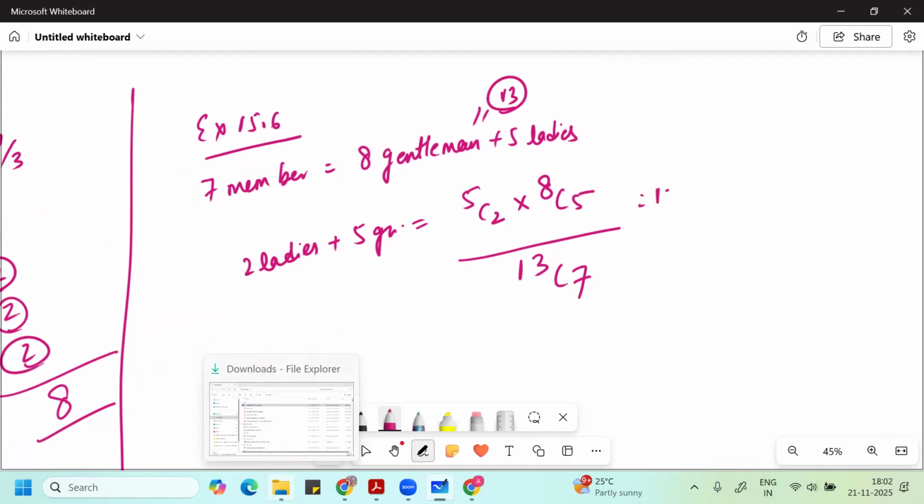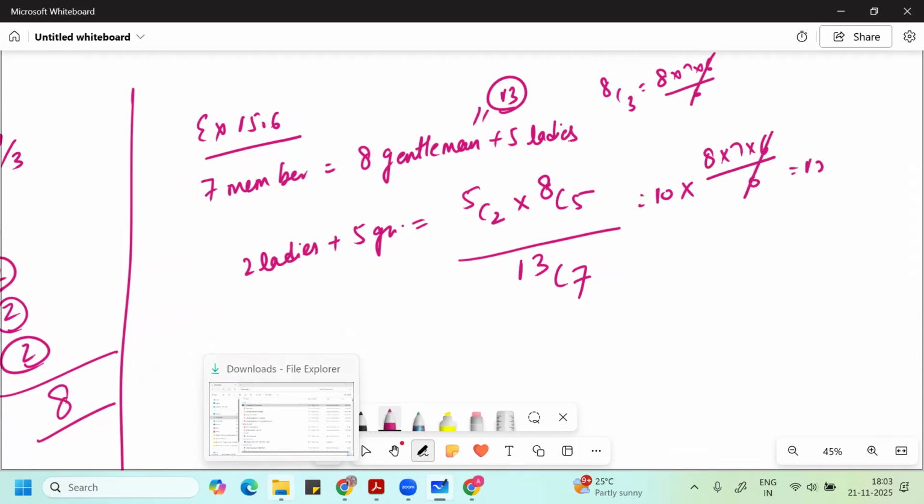So 5C2 is 10, and 8C5 means 8C3, which is 8 into 7 into 6 by 3 factorial, that is 56.